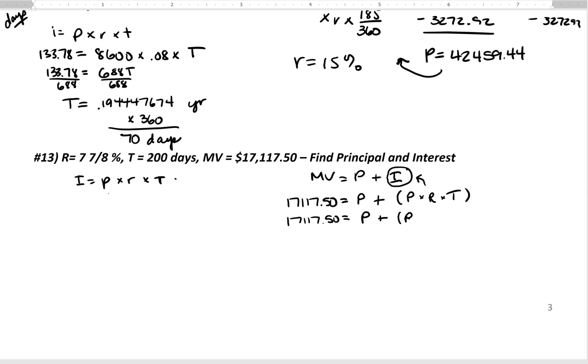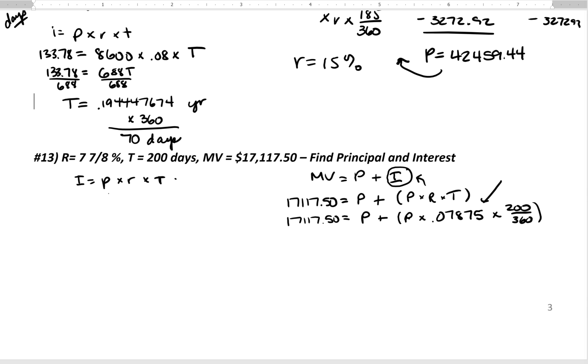rate is 7 7/8%. If you take and convert that to a decimal, that is 0.07875. And time, they tell us, is 200 days. So 200 over, and we're going to do ordinary time, so that would be over 360 days.